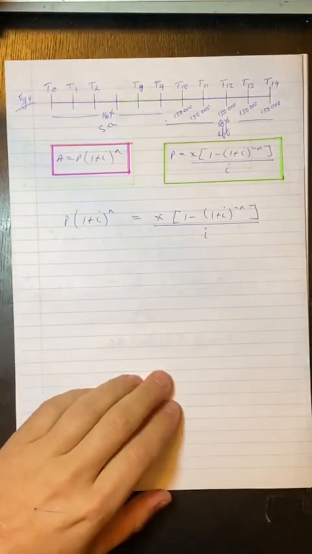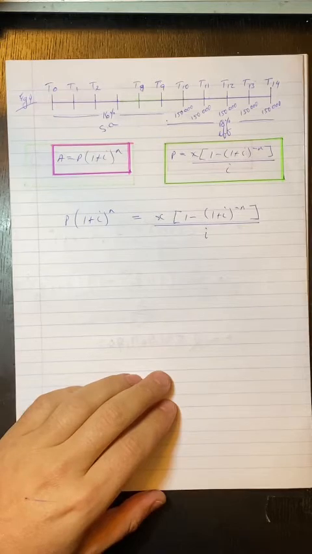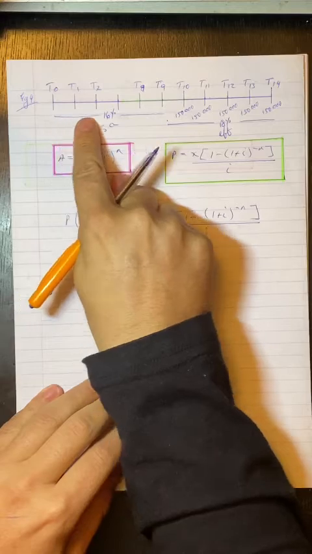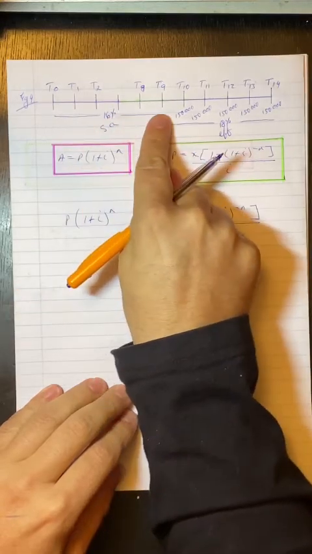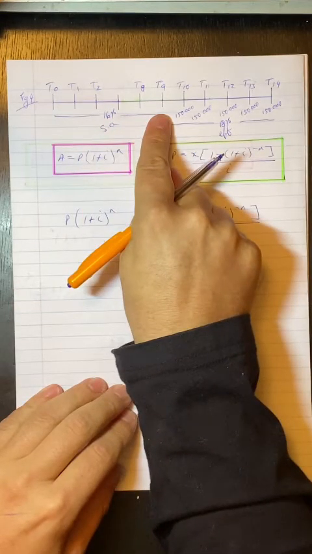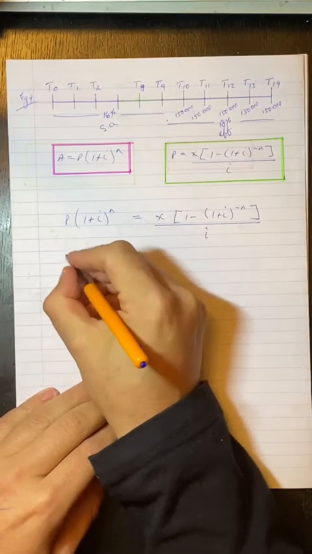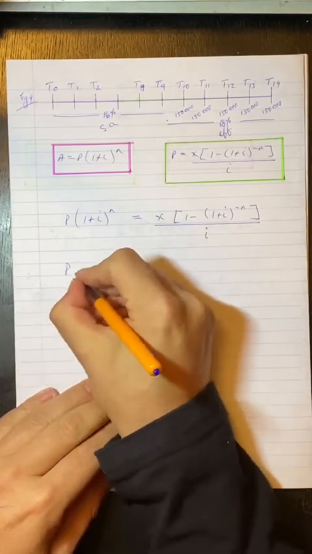Okay, so let's have a look at this one here. So this is going to be this time period over here. All right. So what is our P? We don't know. That's what we're going to work out.